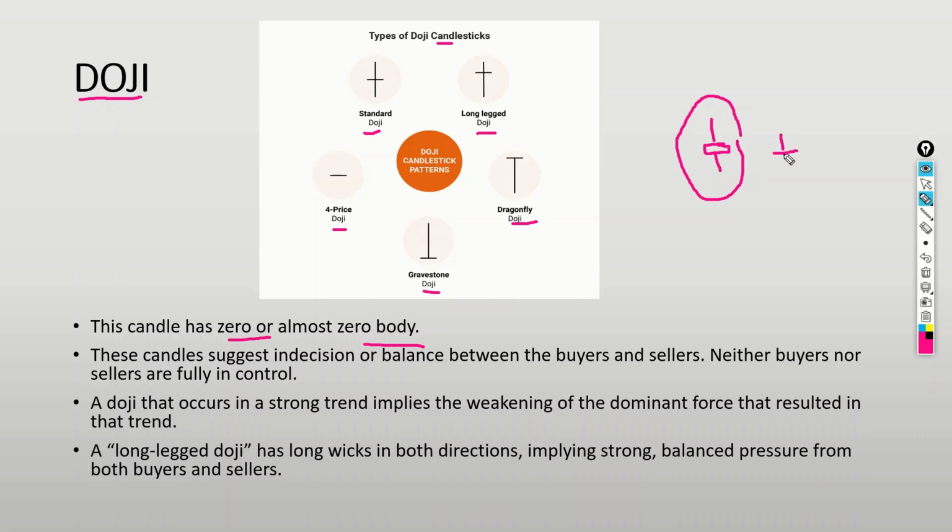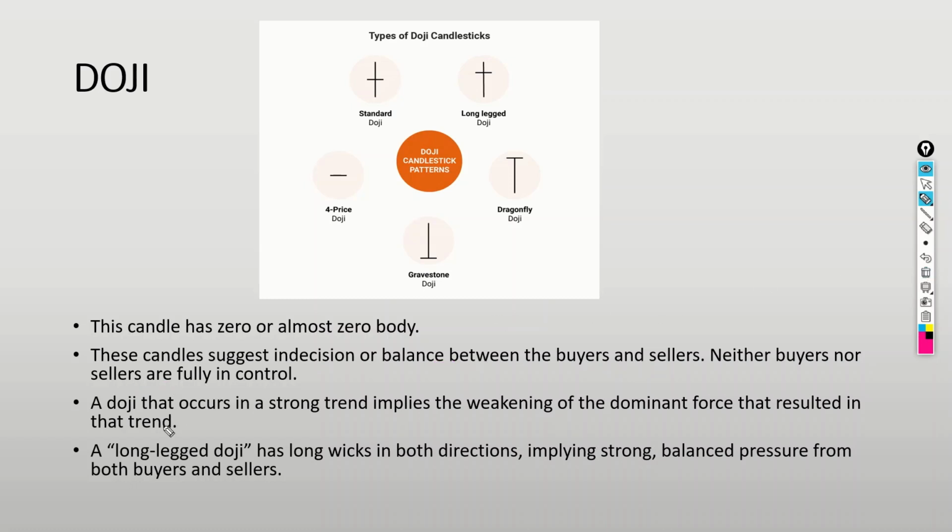For example, this one has no body in most cases because you cannot see the body. So these candles suggest indecision, or they can also suggest balance between buyers and sellers. So neither buyers nor sellers are fully in control of the market price movement.